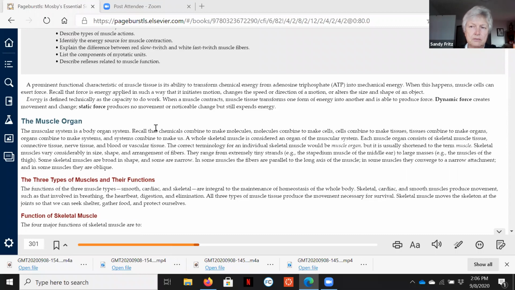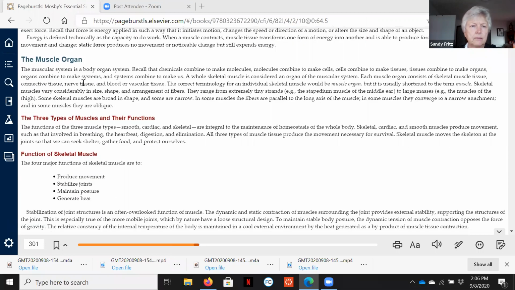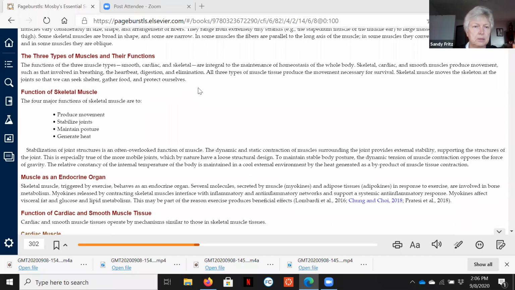So muscle itself is an organ, and so an organ has specific types of functions, and you'll want to know the three types of muscle, cellular structure and their function: skeletal, cardiac, and smooth.